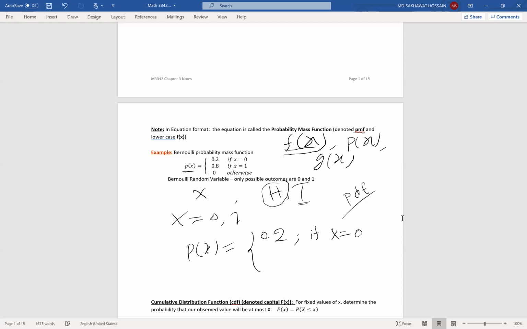If the value of x is 0, then the probability is 0.2. And if x is 1, then the probability is 0.8. You already know that the total probability for all possible values of x is always 1. So if we add these two probabilities, you will see that 0.2 plus 0.8 is 1.